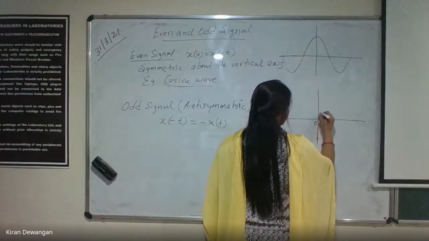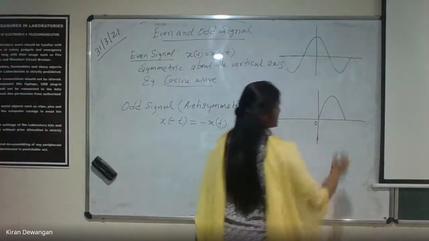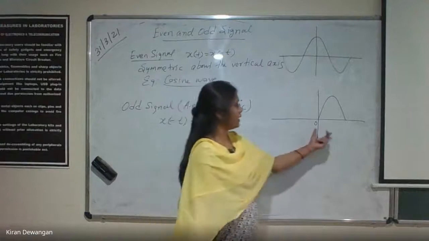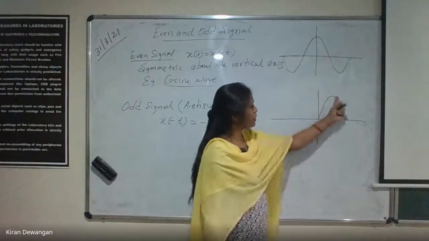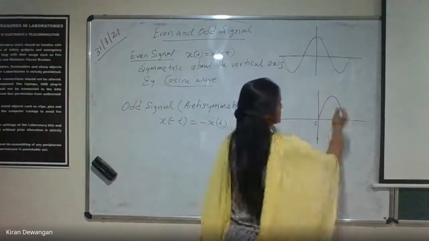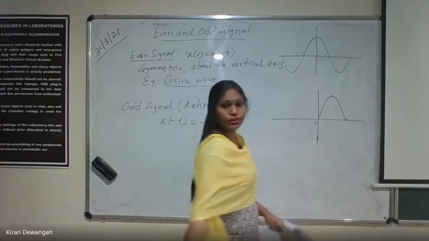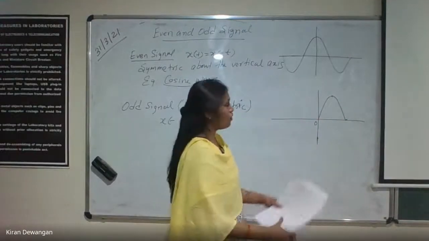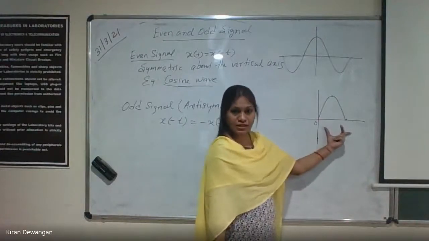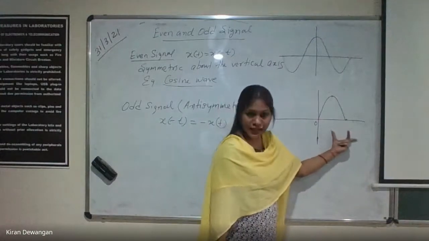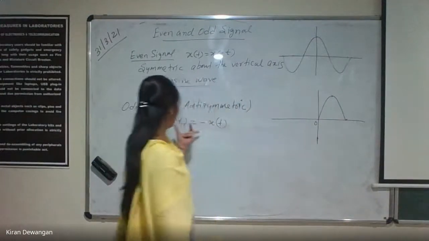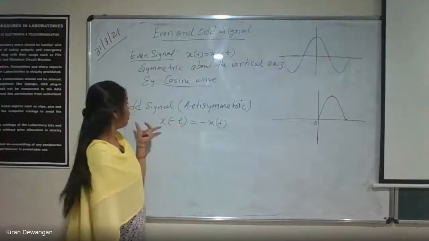If I start with this, it is a normal sine. At 0, the value is 0. At a certain point, the value becomes 1, and again it comes back to 0. Now this is my normal x of t. So what is the condition saying for an odd signal?